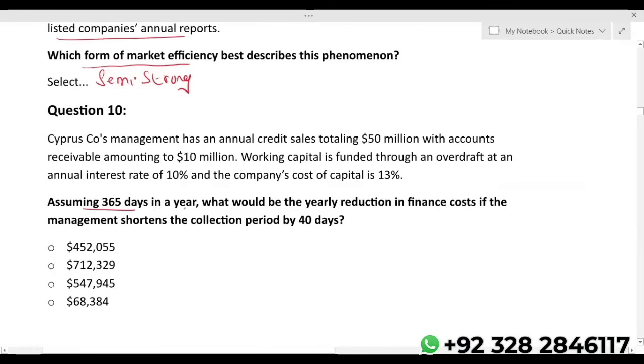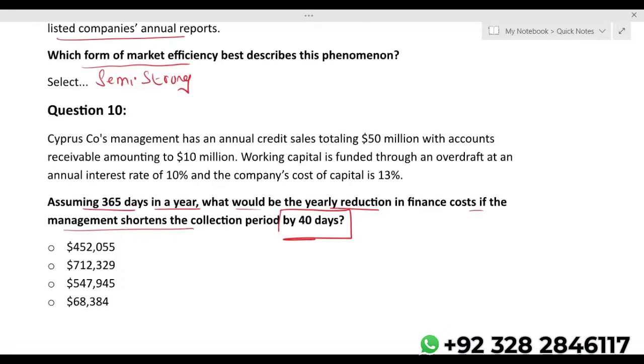Assuming 365 days in a year, what would be the yearly reduction in the finance cost if management shortens the collection period? Read it nicely. They're not saying collection period will become 40. They're saying collection period will reduce by 40 days. Of course, when your collection days reduce, your debtors will reduce, and when there's a reduction in the debtors, you will save the finance cost.